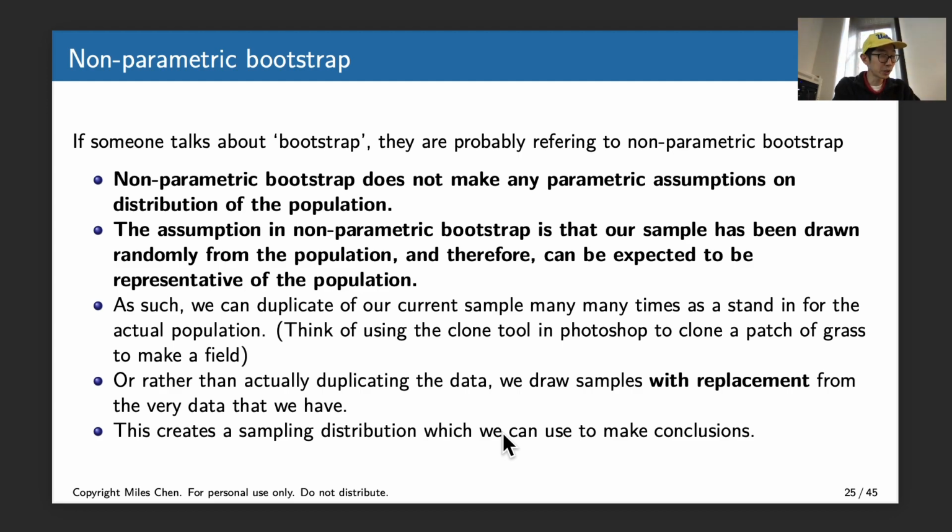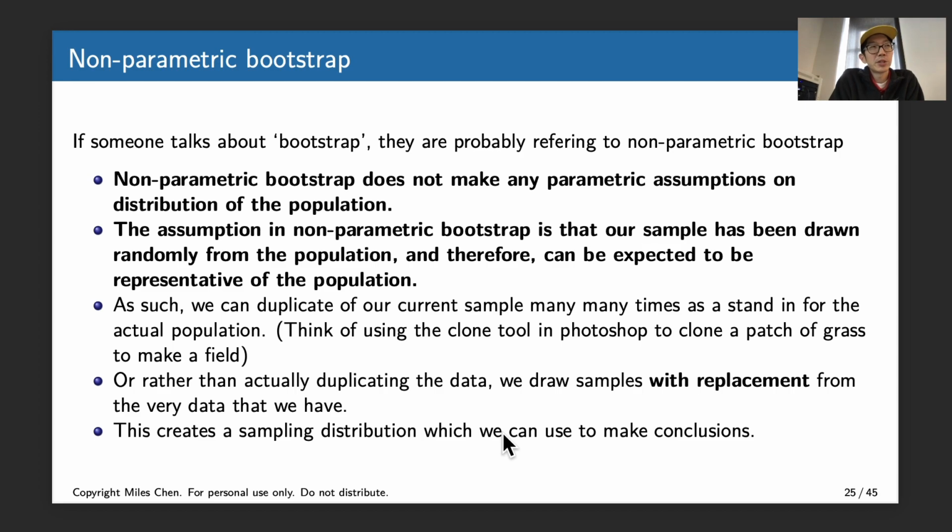So what we've been doing earlier was parametric bootstrap, but non-parametric bootstrap is probably what people think about when they think about just bootstrap. So the difference here is that in non-parametric bootstrap, we are not going to make any parametric assumptions about the population, which kind of makes sense because it's non-parametric. So we're not going to say the population has this particular distribution with this parameter or this and that, okay?